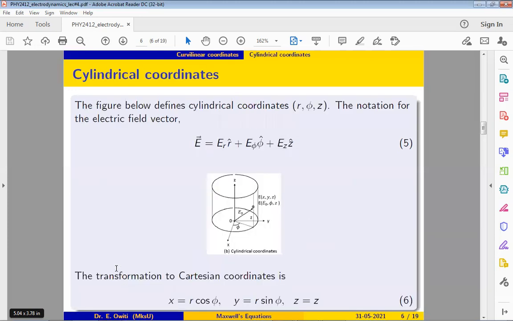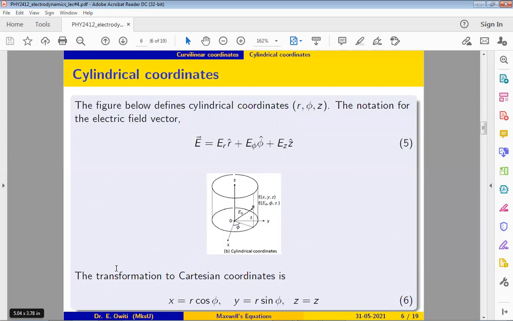So let's look at the cylindrical coordinates, because this is not very common. The cylindrical coordinates are defined by three coordinates: r, the angle phi, and the coordinate z.